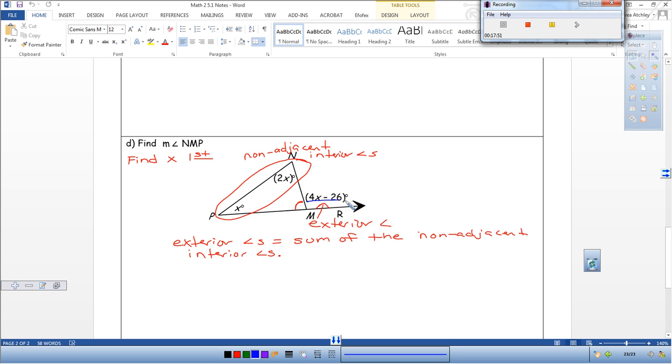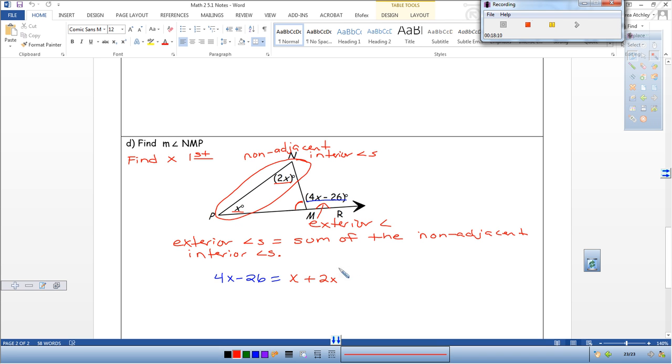That means that this right here, the 4x minus 26, is equal to the x and the 2x. X plus 2x. Any questions over that? We're all good?